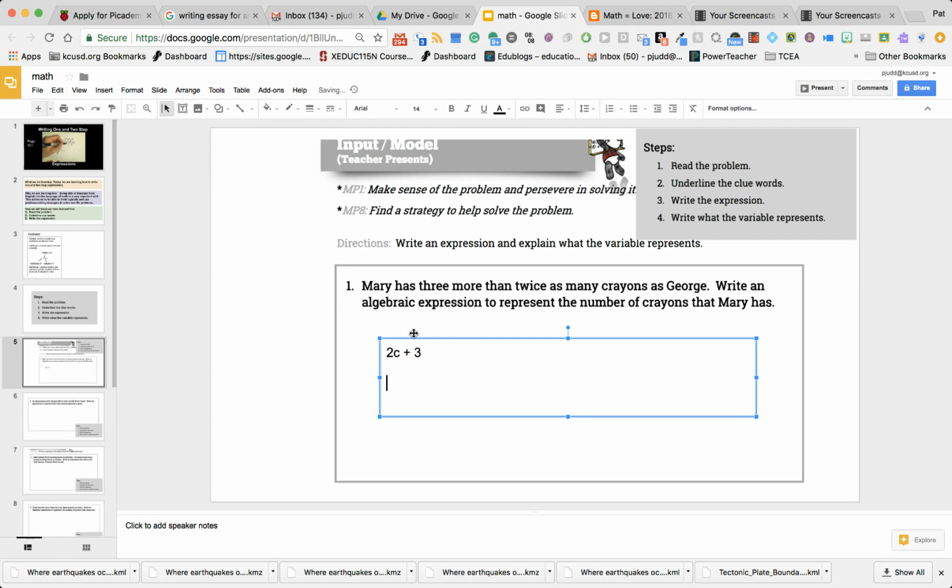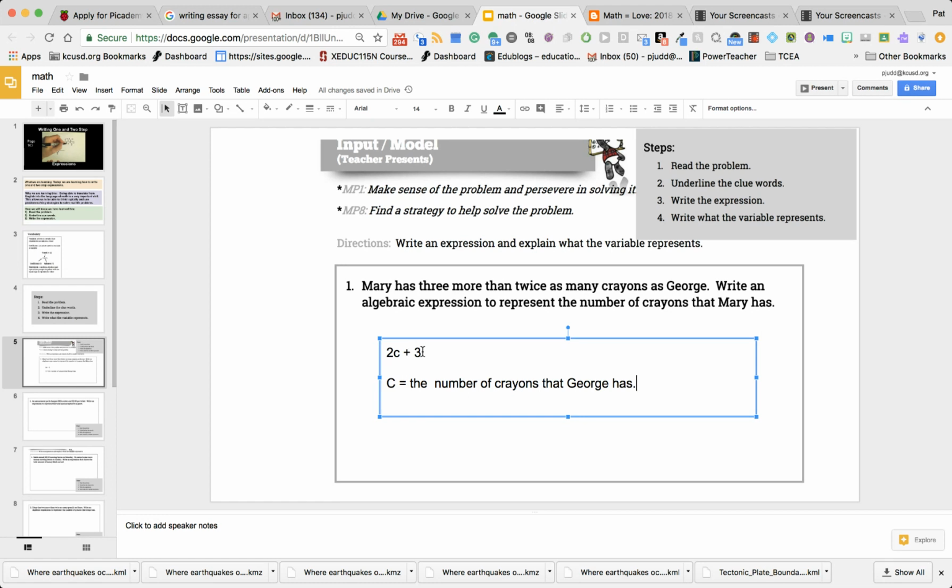And C equals the number of crayons that George has. That's the explanation for my variable. 2C, 2 times C, or twice as many crayons, and 3 more.